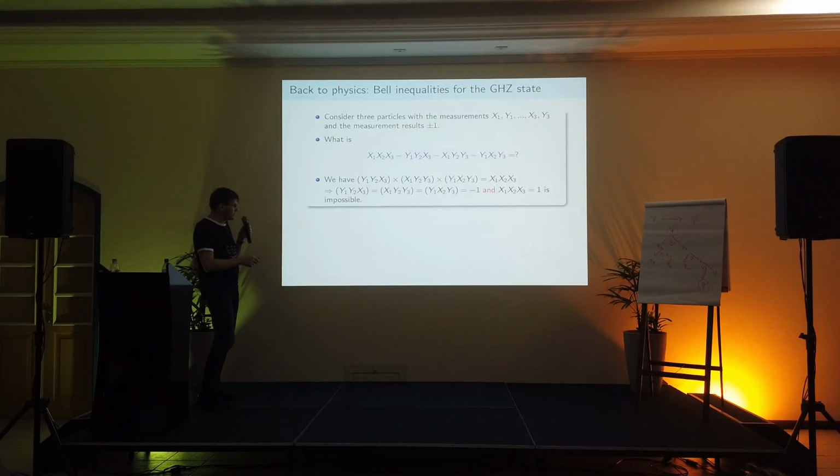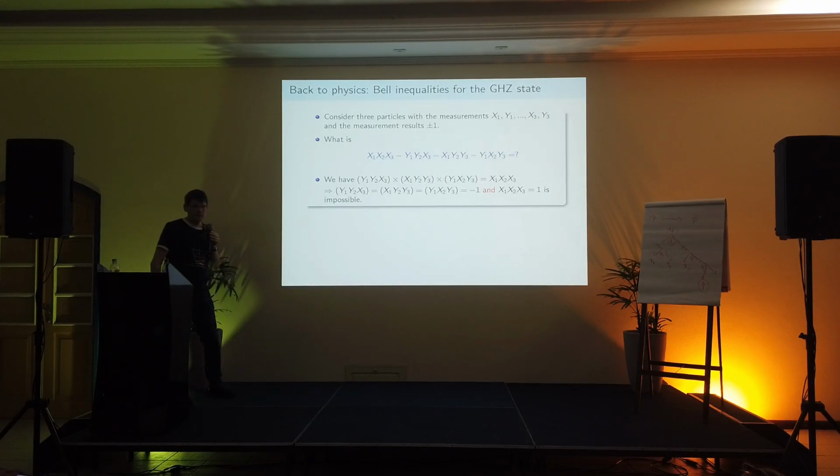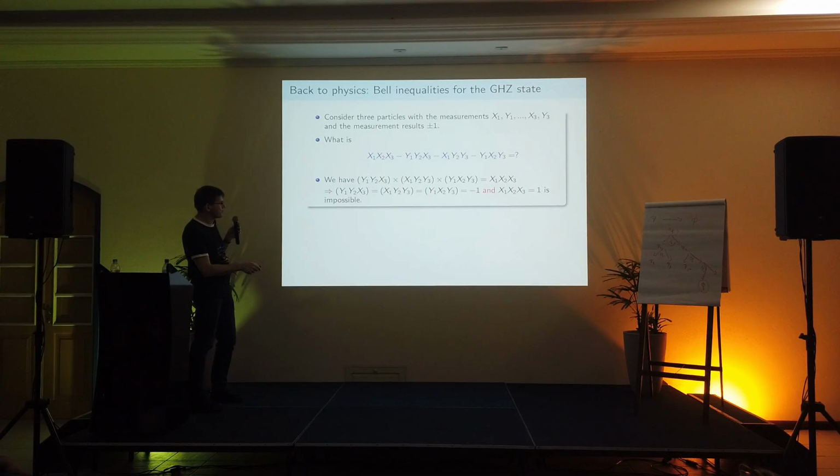Now, if you look at this product, you see that this times this is nothing but this. Because you can just multiply, and the 2 y's cancel, since y is plus or minus 1. That means that it's impossible to have these 3 terms equal to minus 1 and this one equal to plus 1, because these 3 terms give you as a product this one, and a product of 3 times minus 1 gives a minus 1 and not a plus 1.